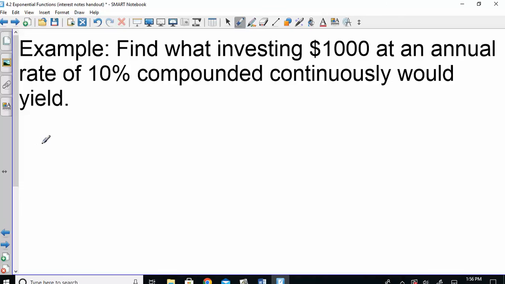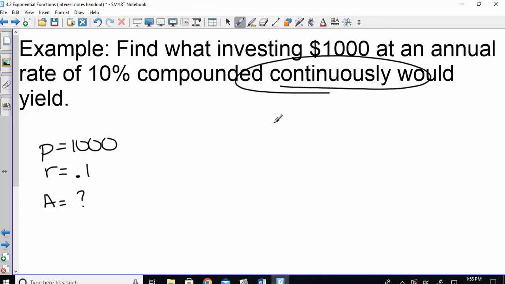What's the 1,000? P, that's what we're starting with. My rate is 10%, so 0.1. I'm trying to find what it ends with, so that's my A. When you see continuously, that tells me I'm using the second formula.